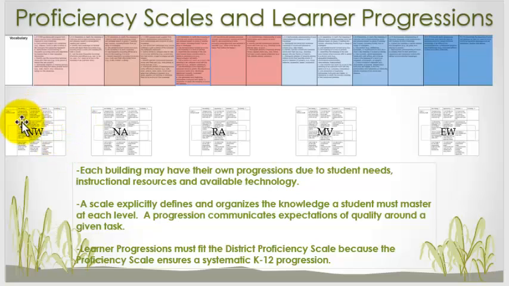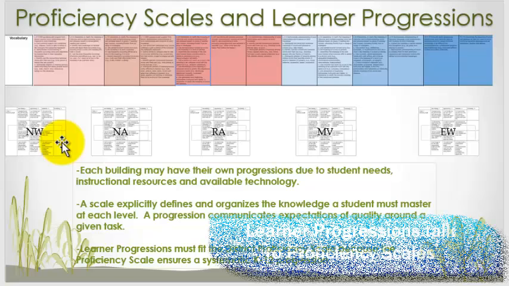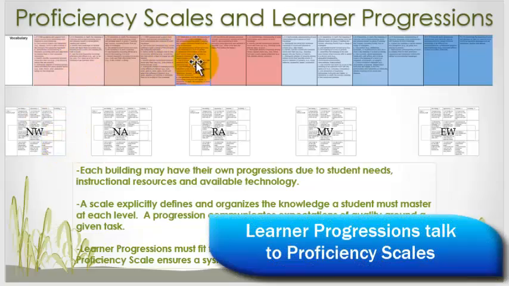So in your grade level, you'll be building your learner progressions to match the assessments you have in place, the assessments that you value, the common assessments, your individual grade level assessments. You're ensuring that your students are as prepared as you can get them for each of those proficiency scales too.